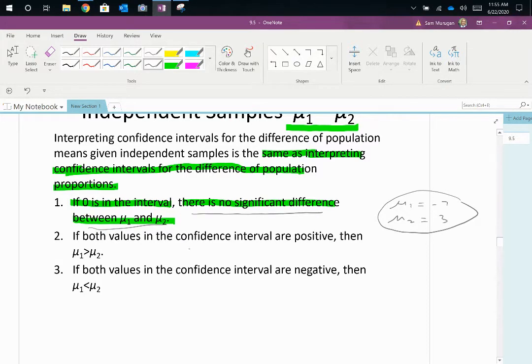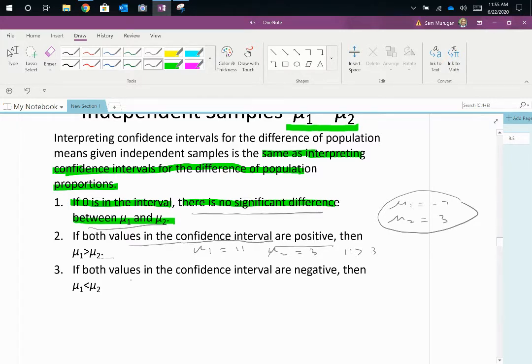If both values in the confidence interval are positive, then mu1 is greater than mu2. Could be, say, mu1 is equal to 11 and mu2 could be equal to 3. 11 is greater than 3. And that's if both values in the confidence interval are positive.